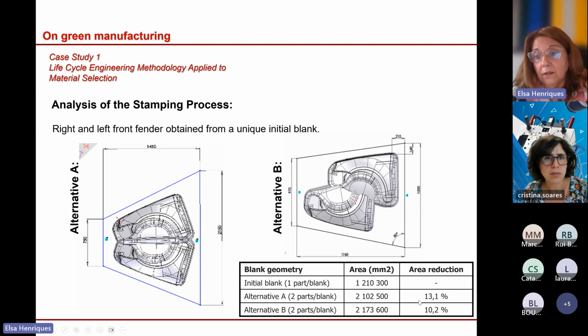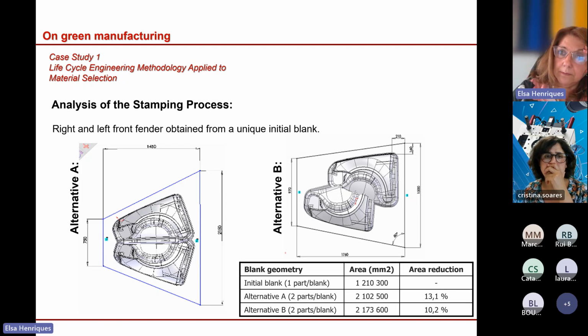And with that, we have an area reduction of the blanking, and for sure, with that area reduction, we also have a reduction in the material input in the process.